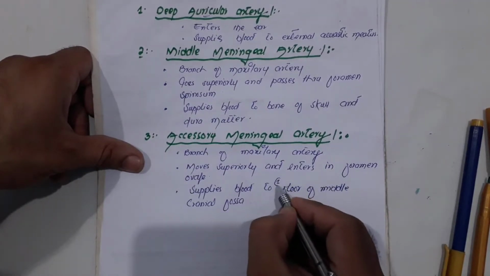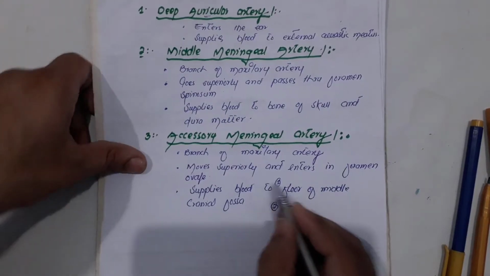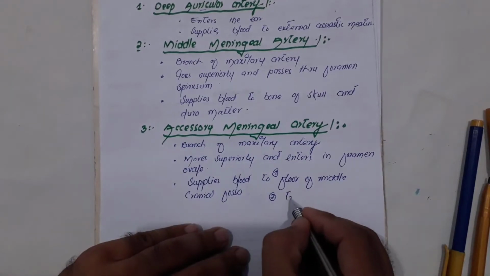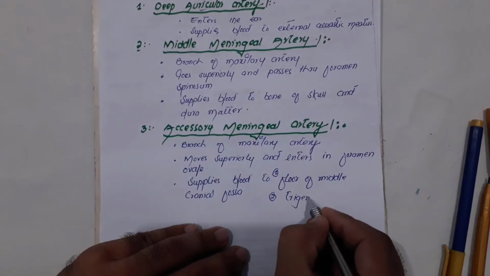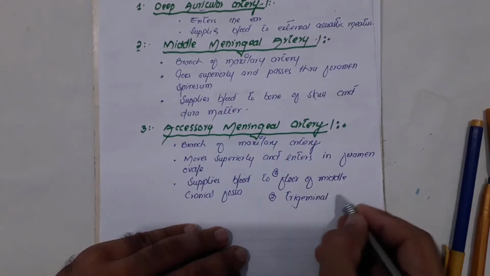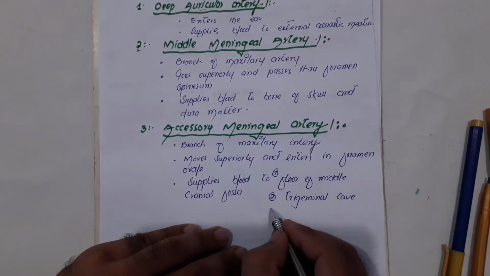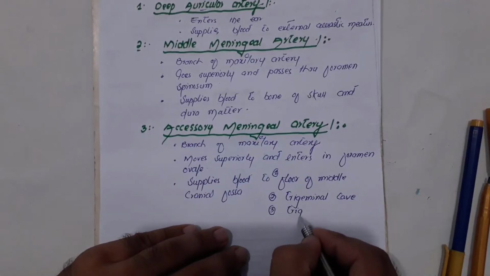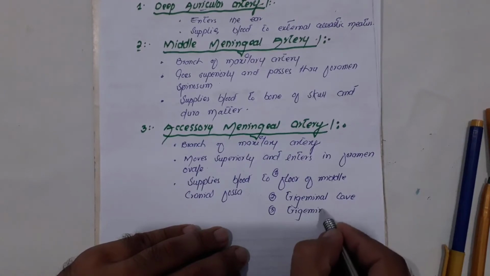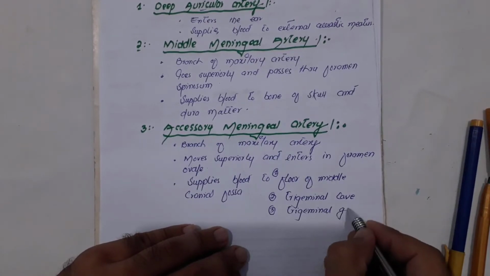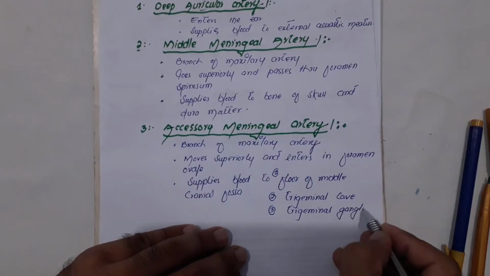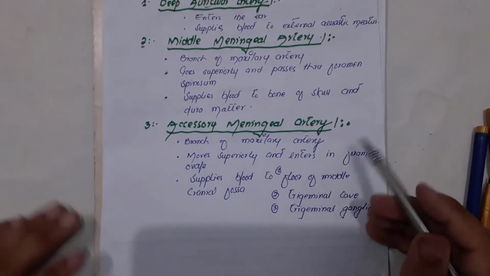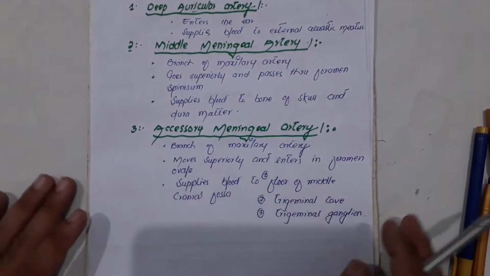Then the second part this artery supplies with oxygenated blood is the trigeminal cave, and it also supplies oxygenated blood to the trigeminal ganglion. Right friends? These are the parts this artery is responsible for supplying. This was about the accessory meningeal artery.